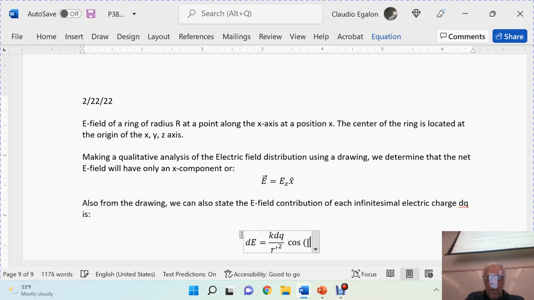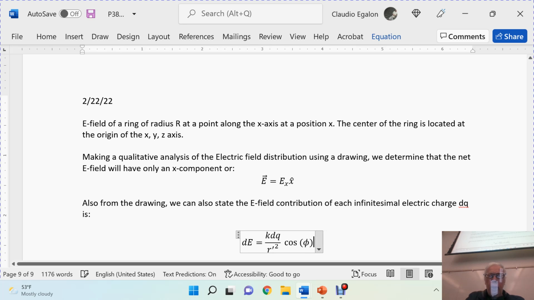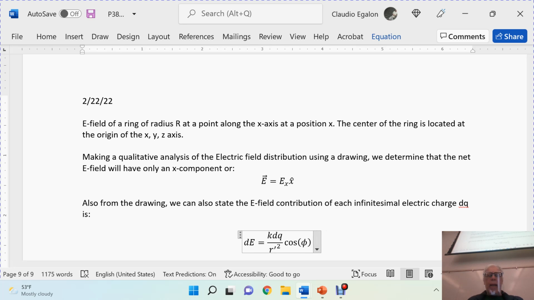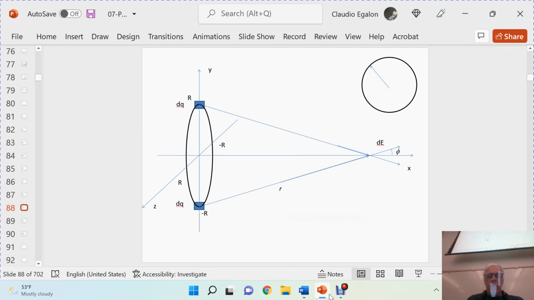This one here. Yeah, phi, like that. Let's go back to the drawing. Here you go. That's the angle phi. This angle phi here is equal to this angle right in here.